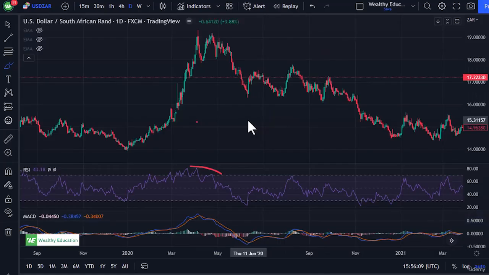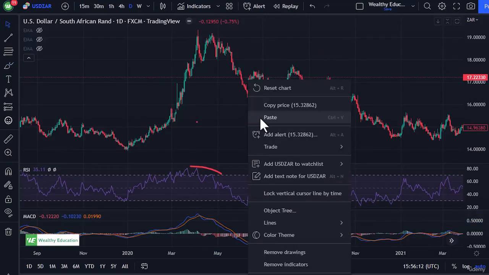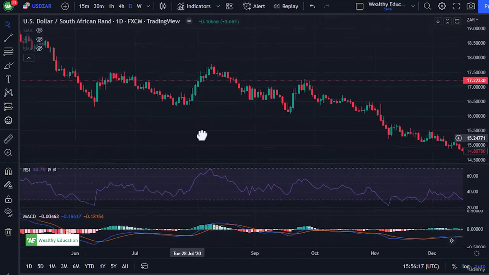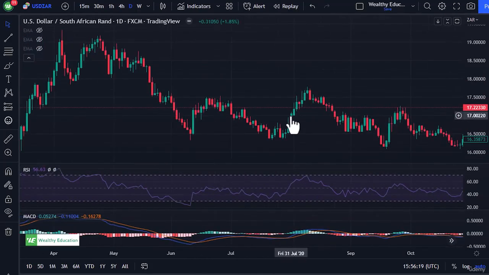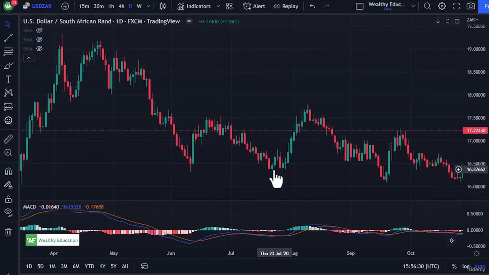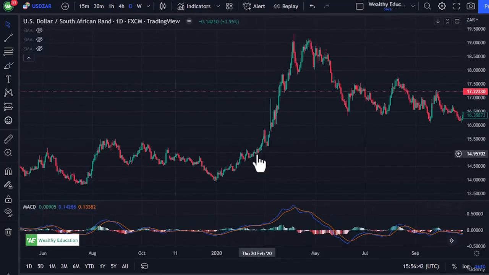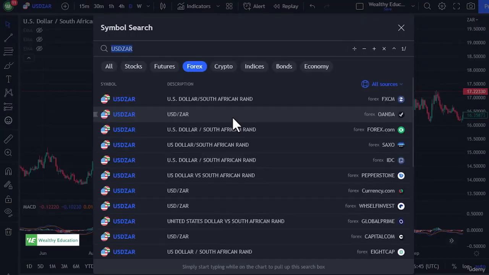A lot of times, this is where the histogram in MACD comes into play. A lot of times, people use the histogram as a sign of momentum slowing down. So the histogram is a representation of how far apart the moving averages are. So the wider apart they are, the bigger the histogram gets. Notice here, price is rising, histogram's shrinking, and then you do in fact get a bit of a pullback. It's not a massive divergence, but little hints like that can give you a bit of a heads up.